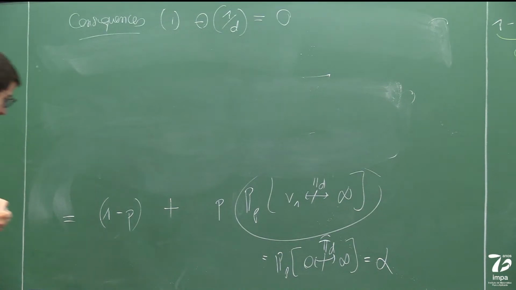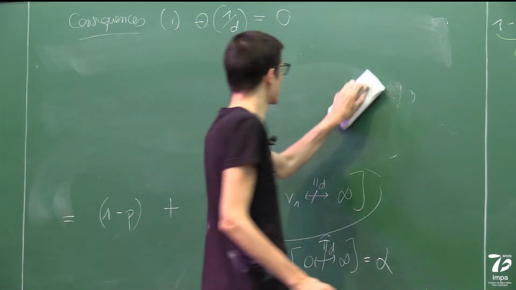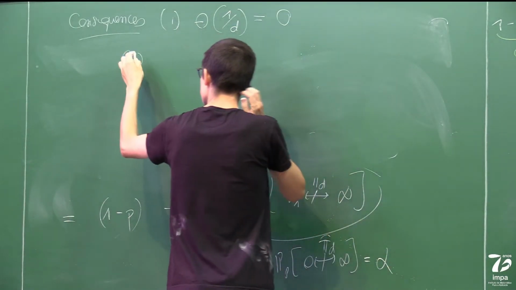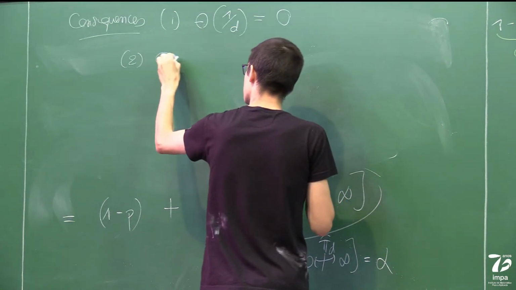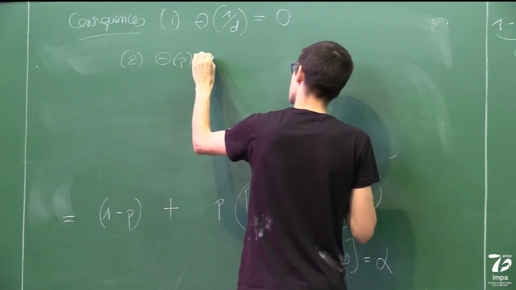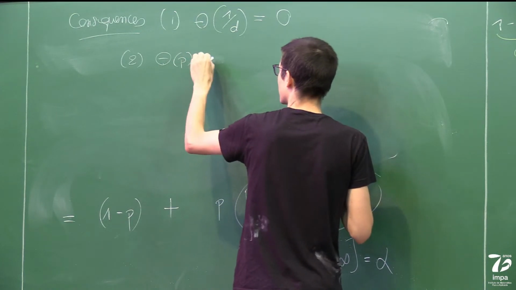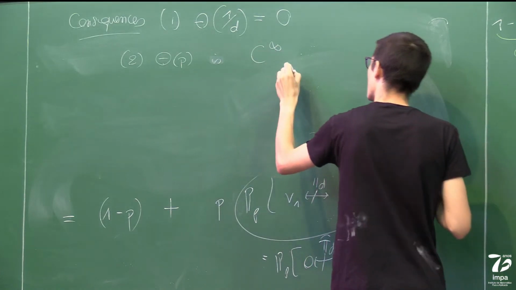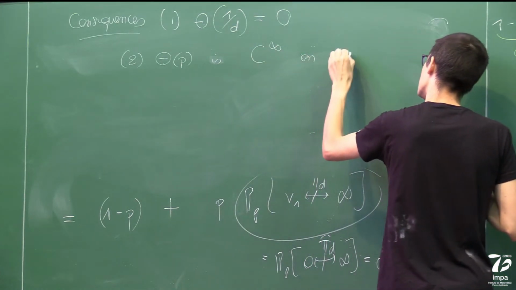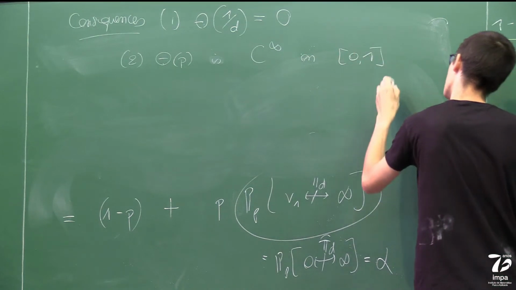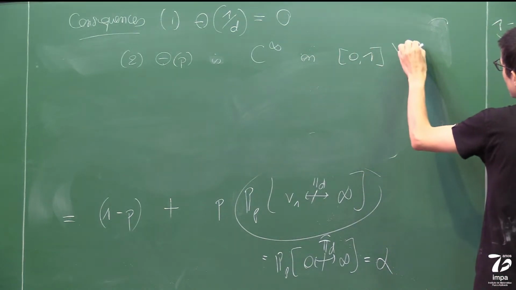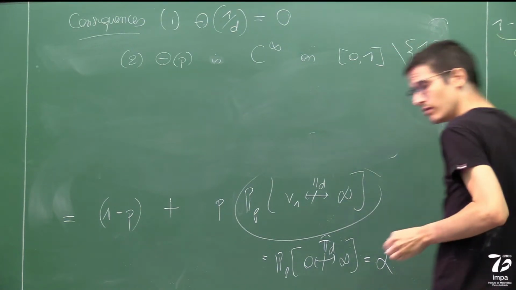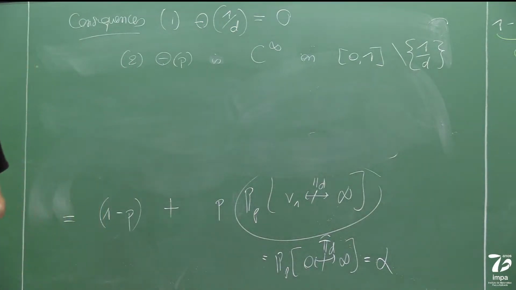The second thing is that theta of P is C infinity on 0, 1 minus 1 over D. Why is it so?